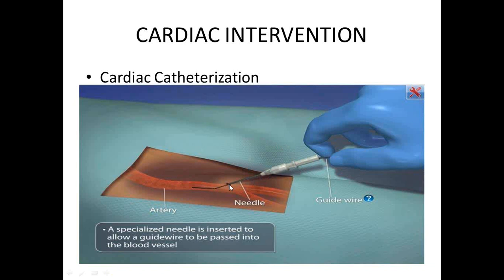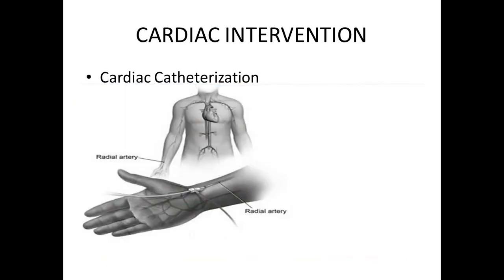It will perforate the arterial system. So you put a guide wire in, just a flimsy little wire, not very stiff. And then over the wire, you're going to put a sheath that stays in place. Sheath is a plastic cannula that stays in place.